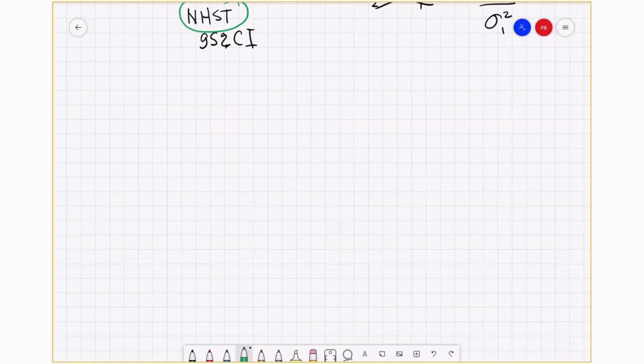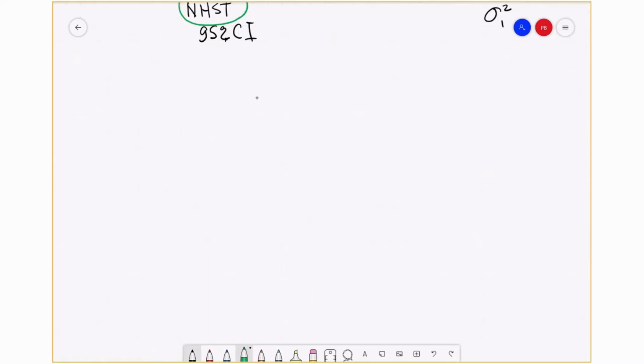So how is this going to work? Well, as was the case when we were comparing the difference between two population means, we're going to assume two normal populations. Got these two underlying populations, and there they are.